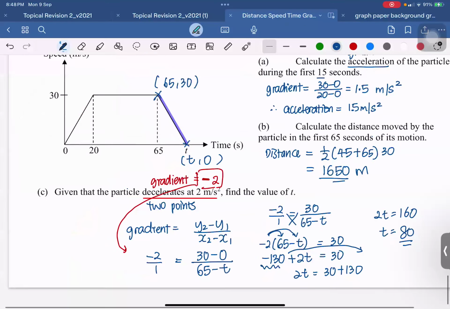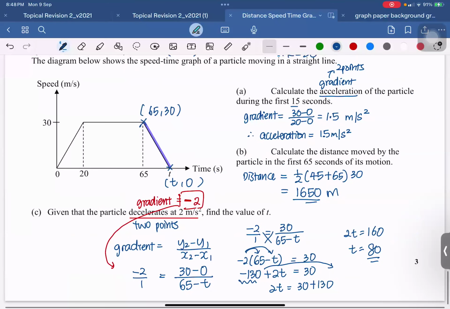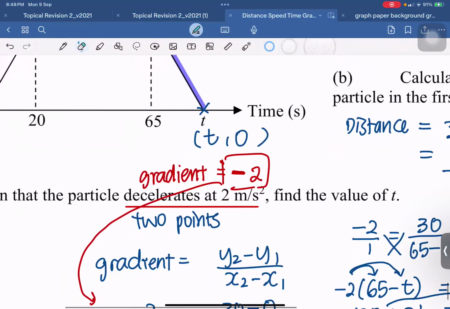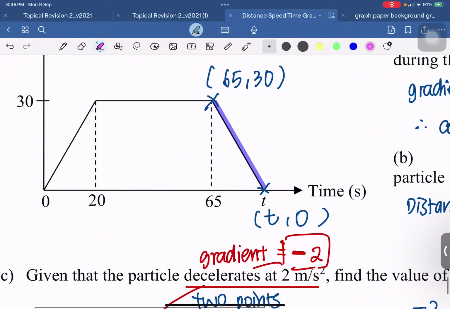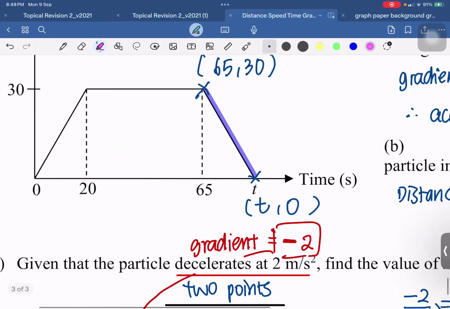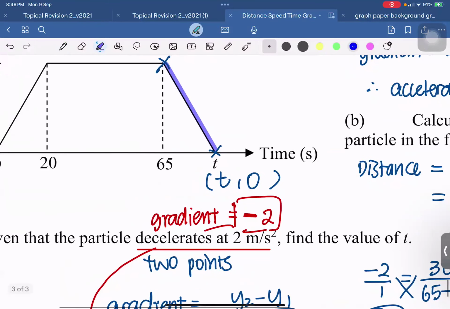Madam, how do you know the gradient is -2? I don't understand that part. Okay, here, the keyword in the question says decelerate. Deceleration. So what kind of gradient will be the deceleration? Going up or going down? Going down, right? So going down is looking at this portion, correct or not?